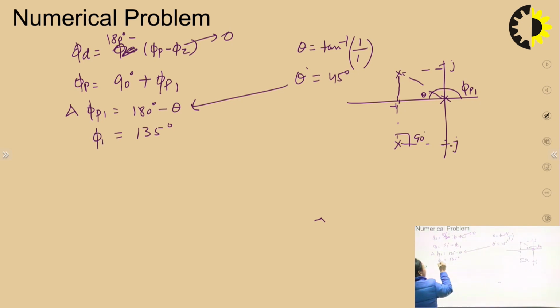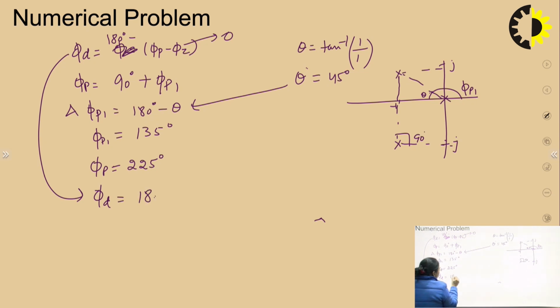So phi p will be 90 degrees plus phi p1, that is 135 plus 90, which is 225 degrees. Am I right? Yes, 225 degrees is phi p. Now putting the value, phi d will be 180 degrees minus 225, which comes out to be minus 45 degrees.